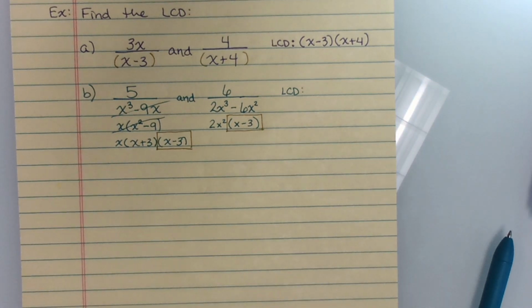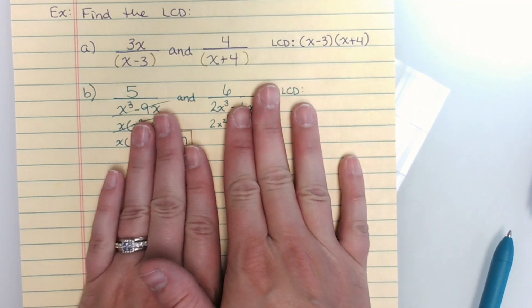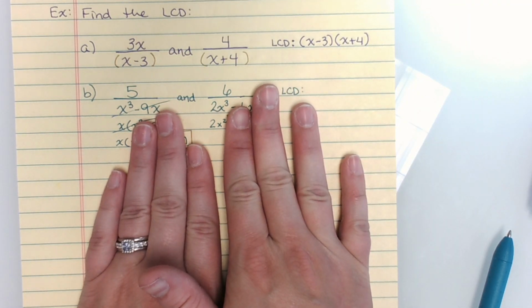Now, in all technicality, they do actually have a little bit more in common than that. The monomials, x and 2x squared. But when it comes to the monomial piece, I don't look so closely at what they have in common. More so, I look at the monomials and I imagine, what if those were the denominators?